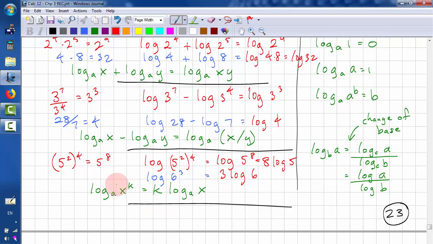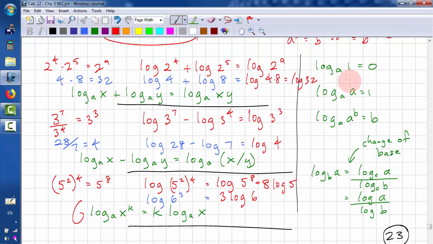Okay, so if we have an exponent, we can just bring it out in front of the log because we multiply exponents. Since log 6 is an exponent, we can multiply that by 3. So the general rule is log a of x to the power of k is k times log a of x. So we'll be using this one to do our proofs as well.